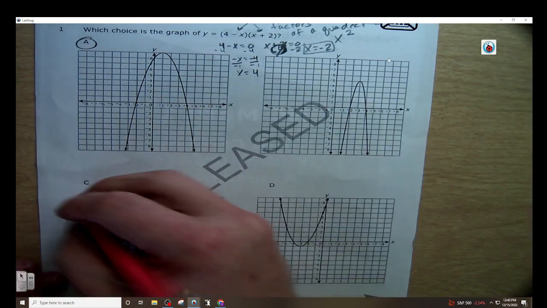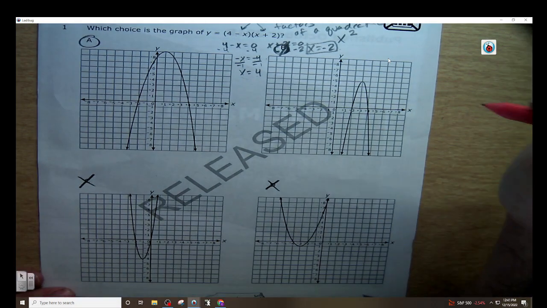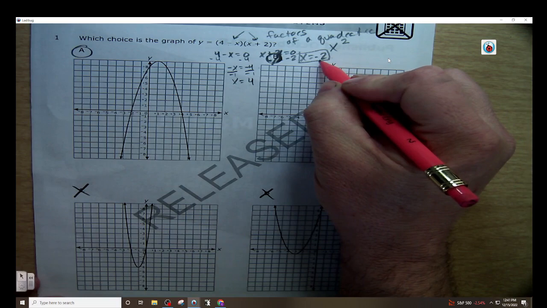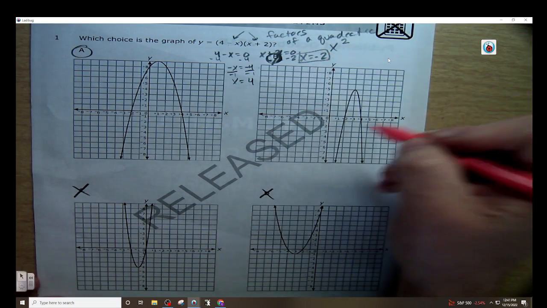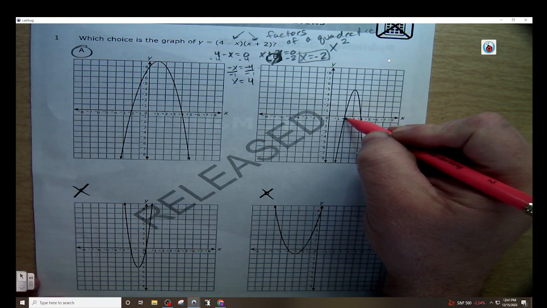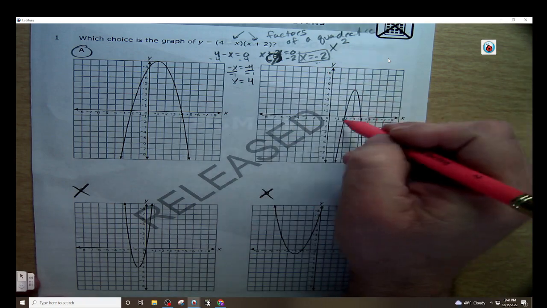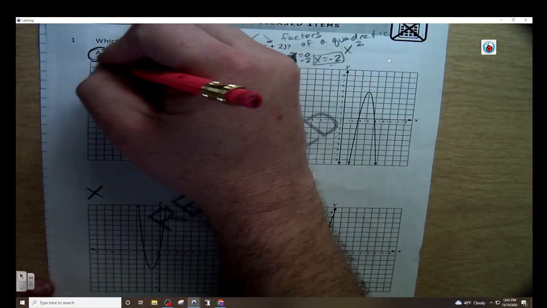Process of elimination is your best friend here. Let's go ahead and do away with those two right there. Now, if you look, the other x-intercept is -2. Well, this one is +2. Since the x-intercept is actually -2, we know this one is not correct. So the answer is A.